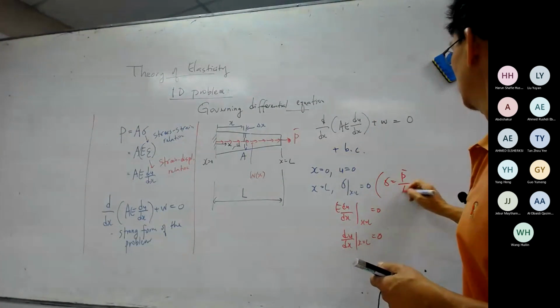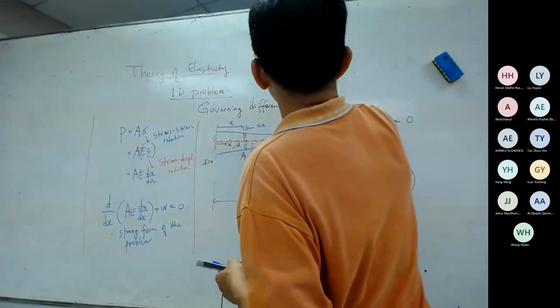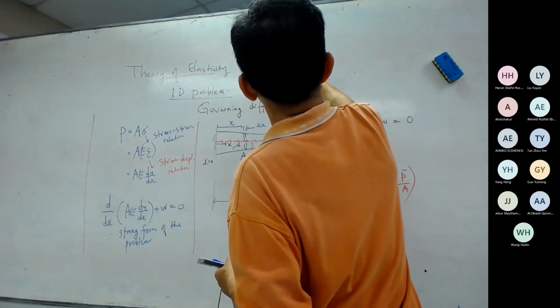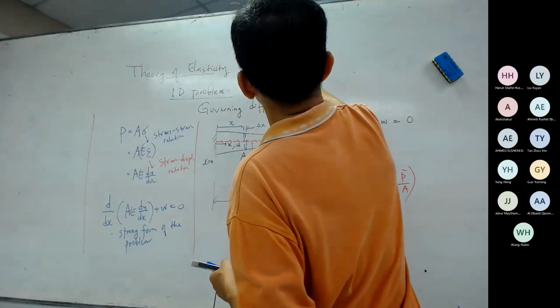Okay, and take note of the directions. Here, the direction I show here, and this will be equal to this. If this direction is opposite, then if you look at this and the stress, we always consider the stress like this. So the resultant stress is this.